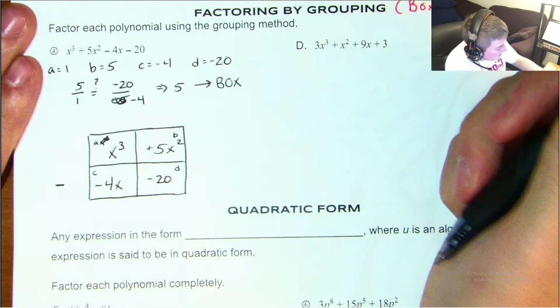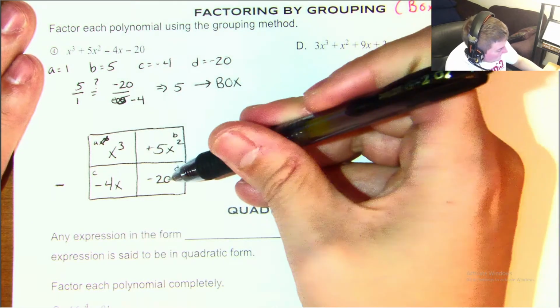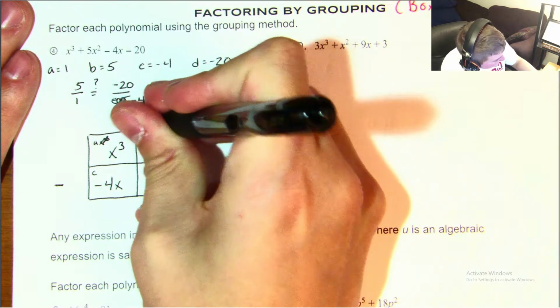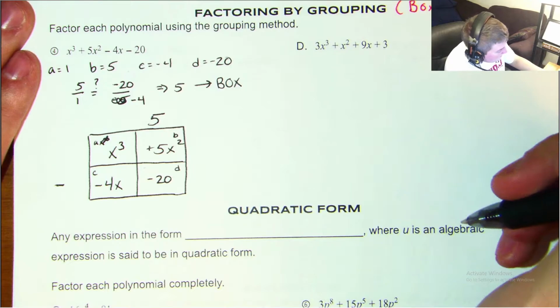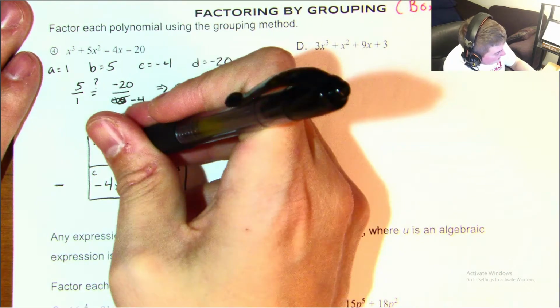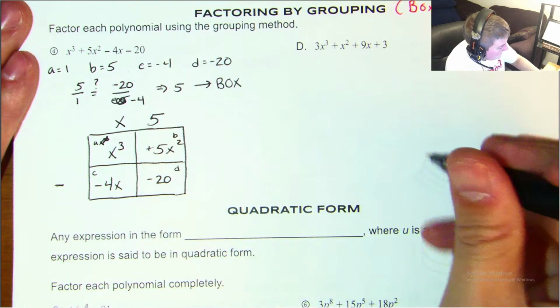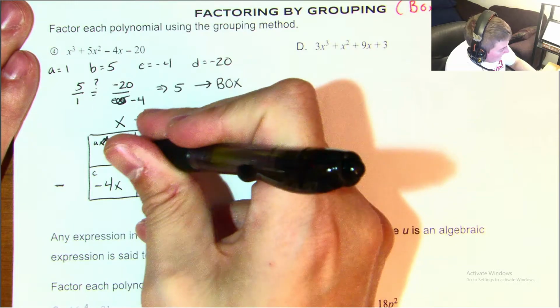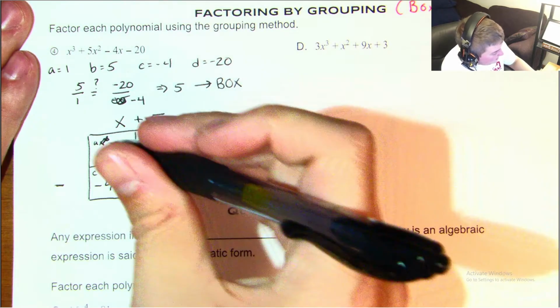And then you just take the greatest common factor. Greatest common factor between negative 20 and 5x is 5. Greatest common factor between 4x and x cubed is x. Greatest common factor between x squared and x cubed is x squared.